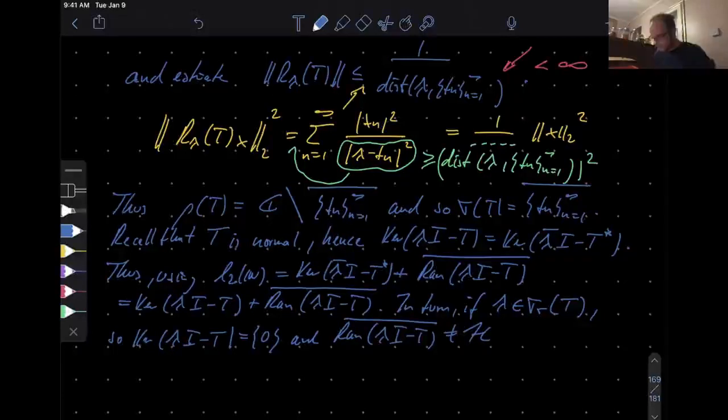But now you have a contradiction, right? Because the projection lemma says that the kernel, which is now here the zero vector space, plus that closed up range has to be all of L2, right? But here, if I were in the residual spectrum, that would not be the case, so I have a contradiction. Hence, there are no elements in the residual spectrum. A contradiction.